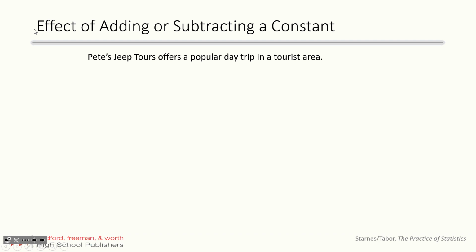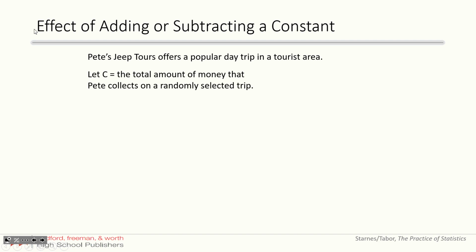Now that we've established these rules, let's revisit one of the example problems that we've looked at before and apply the rules. So remember Pete and his Jeep tours? C is the total amount of money that Pete collects on a randomly selected trip.